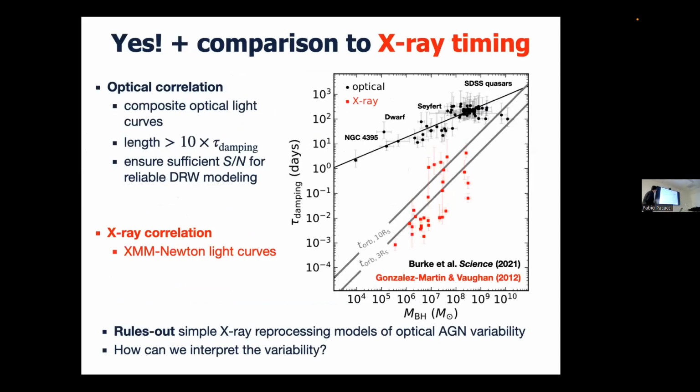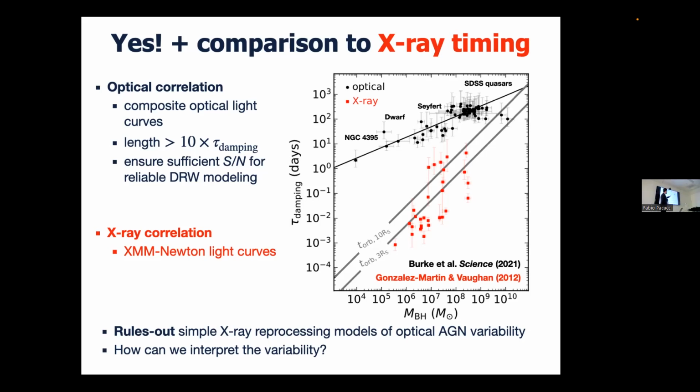And so I'll just jump to the results. This is work that I led last year, which was published in Science. This is the same figure as before, damping time scale versus black hole mass. In this case, we've redone the analysis using higher quality light curves, being careful about how we do the analysis, and using a broader dynamic range in black hole masses, from 10 to the 4 to 10 to the 9 or so solar masses.